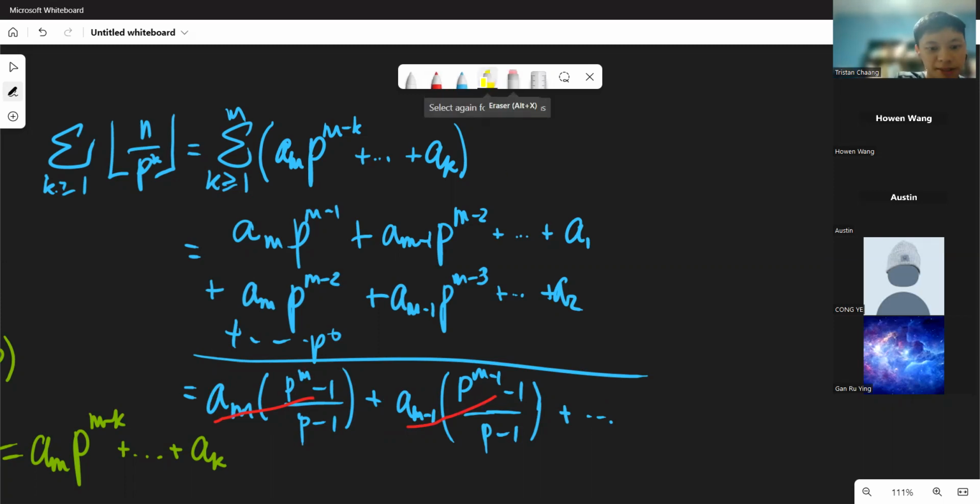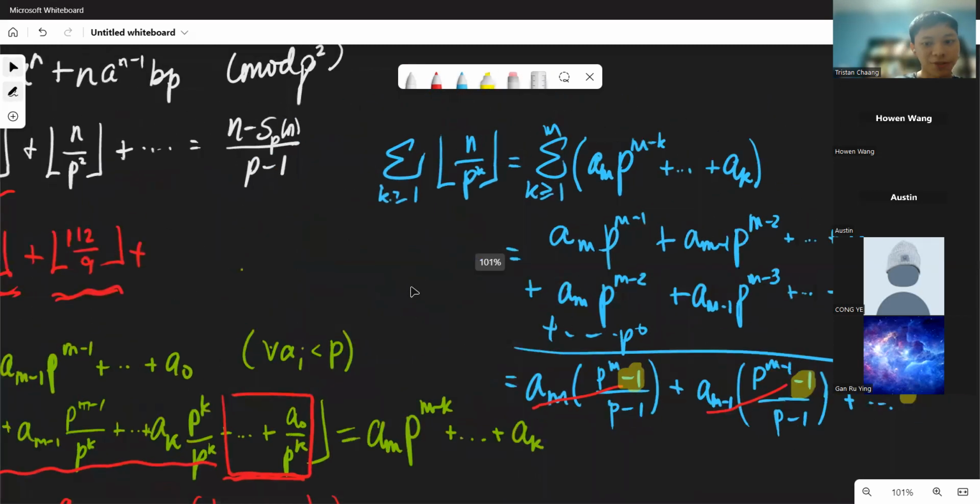And then the minus ones, well, this means minus am, and then minus am minus 1, and so on. This constitutes minus the sum of digits of n, and then everything you divide by p minus 1. So basically we're done. Let's end this now and then move on to the next problem.